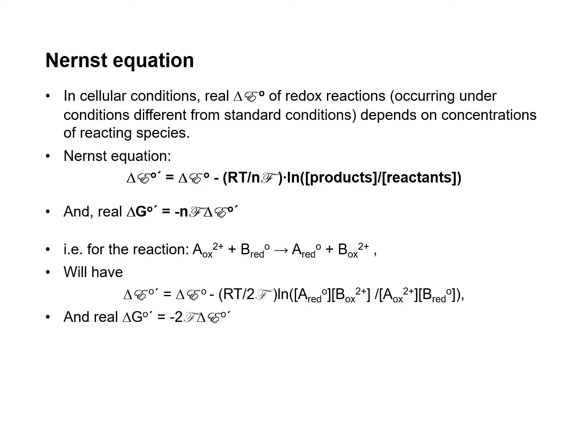And the standard reduction potential difference, delta E naught, of the redox reaction is really important to tell the direction of such reactions. And Nernst's equation is the modification of this delta E naught to make it more relevant to the cellular system.